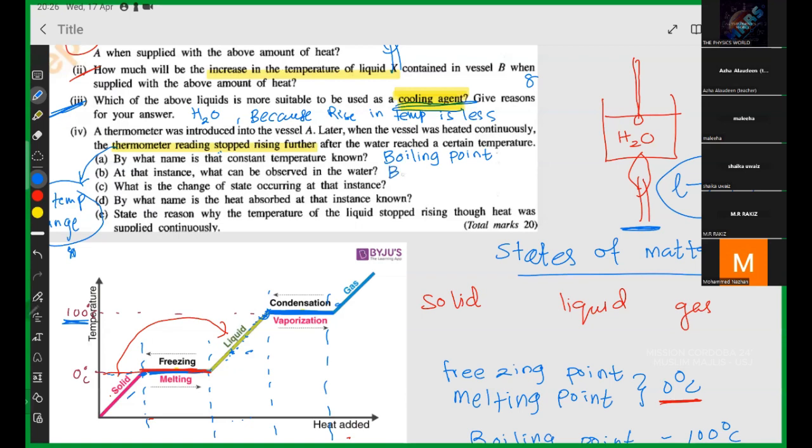Bubbles coming off. Also, you can see steam coming, but more than the steam, bubbles are more suitable. Okay, we'll write it: bubbles coming. And then, what is the change of state occurring at that instance? Liquid to gas. So, liquid converting to gas.